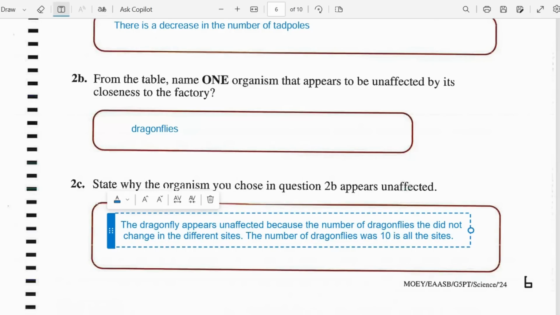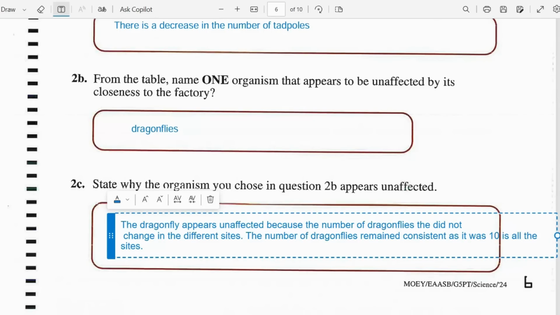Let's just put in that it remained consistent, as it was 10 in all the sites.